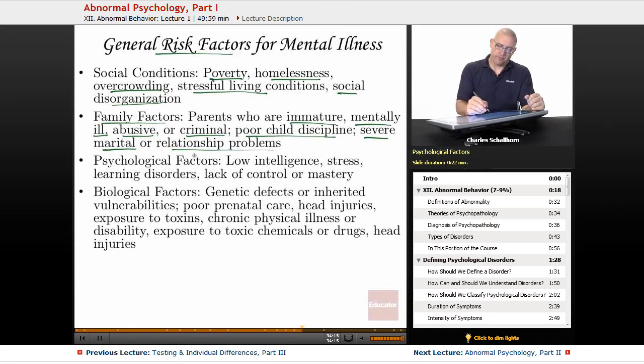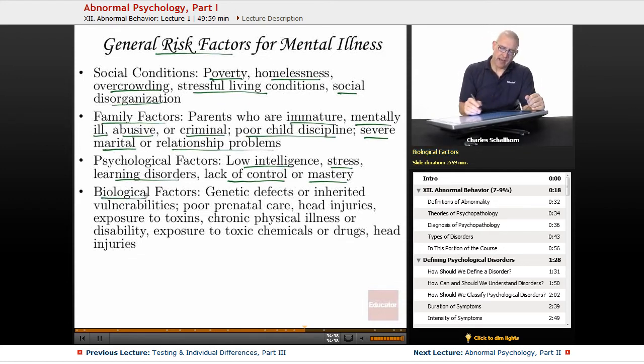Psychological factors: low intelligence, high stress, learning disorders, and a feeling of a lack of control or mastery over one's life. You start to see why so many people experience mental disorders now. Look at these factors. I mean, everybody probably experiences at least one of those. And we haven't even gotten to all of them yet.